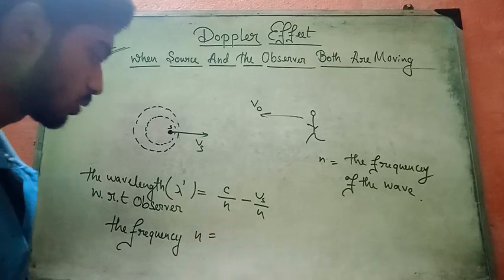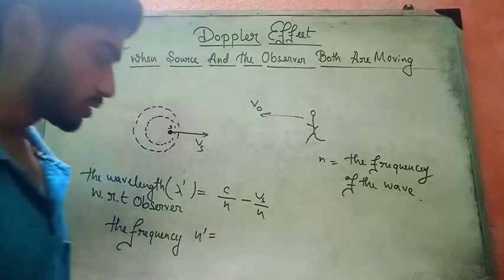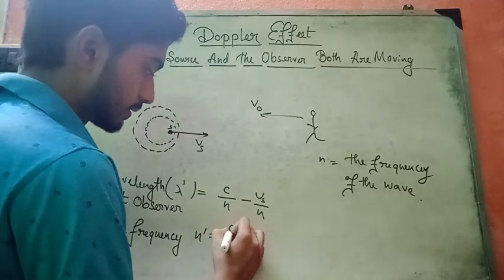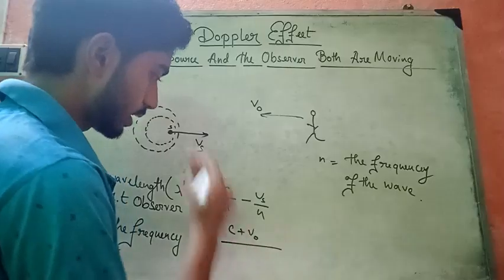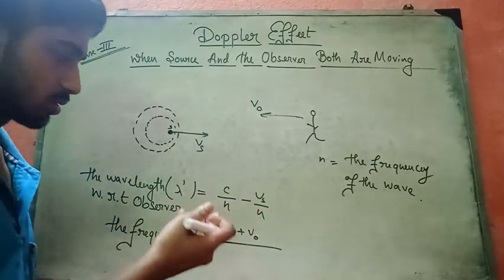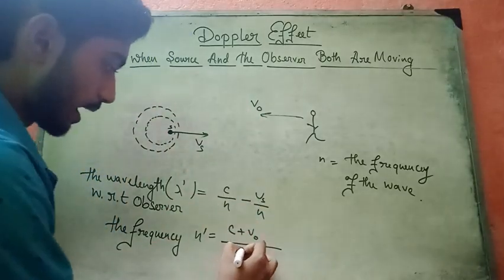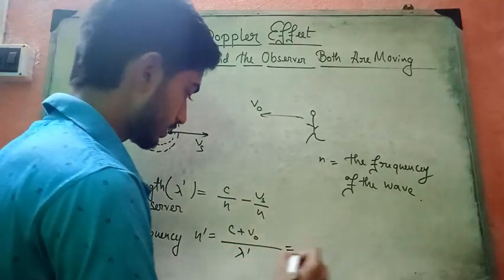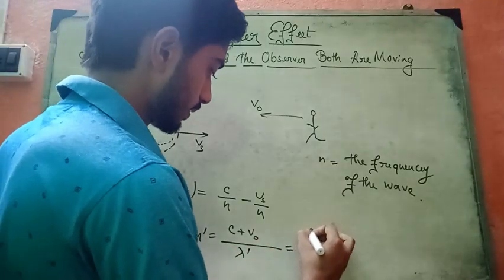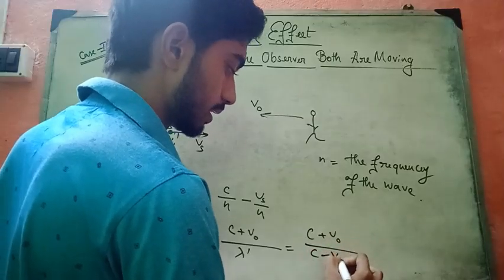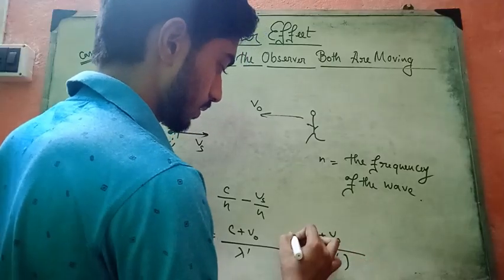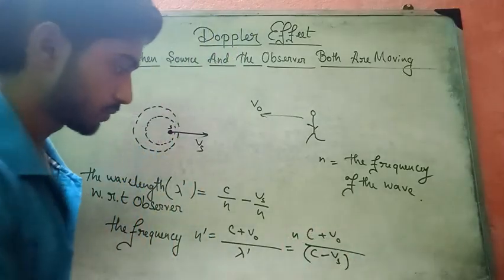n dash equals c plus v naught divided by lambda dash, and here lambda dash is c minus Vs divided by n.